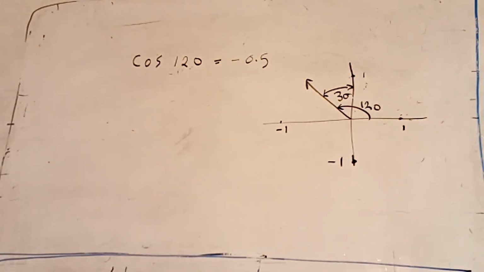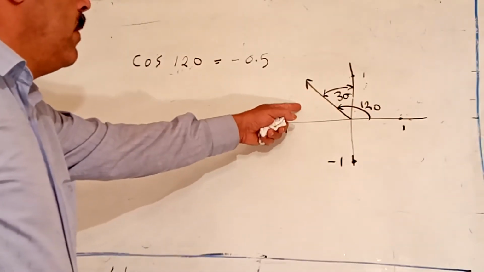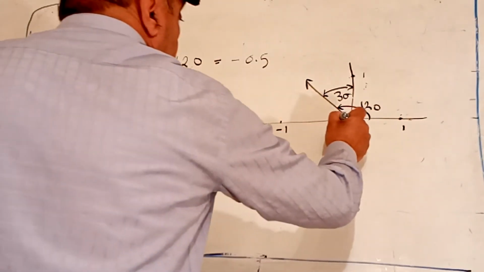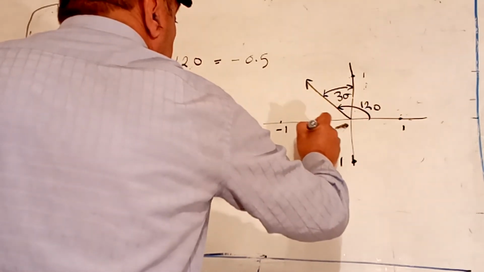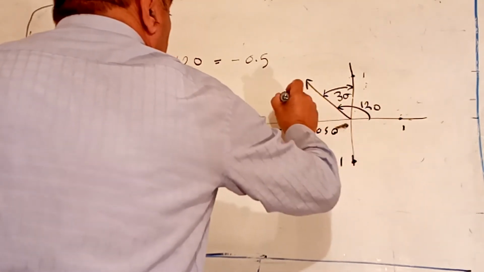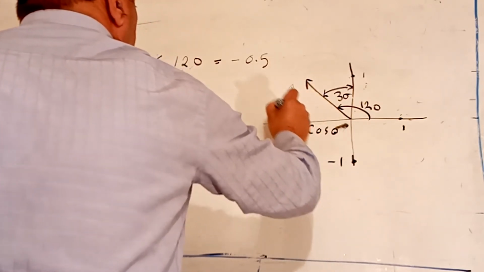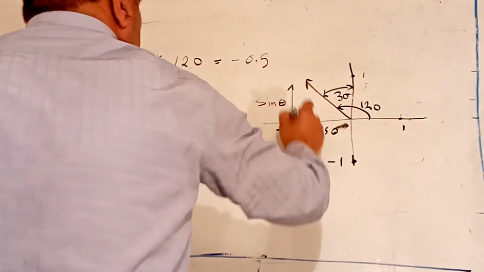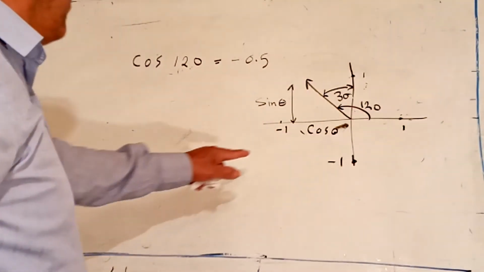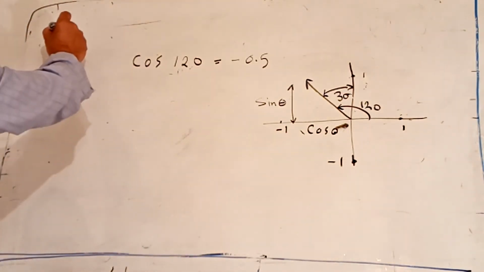That's good, because in the second quarter, cosine will be negative. This is the cosine theta, and this is the sine theta. So it will be minus 0.5. So in the second quarter, cosine theta is negative.